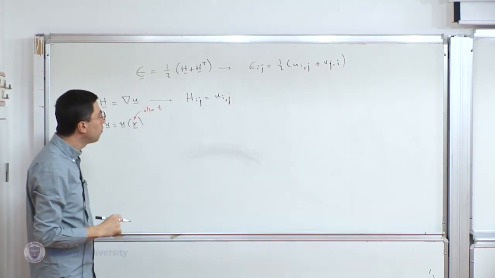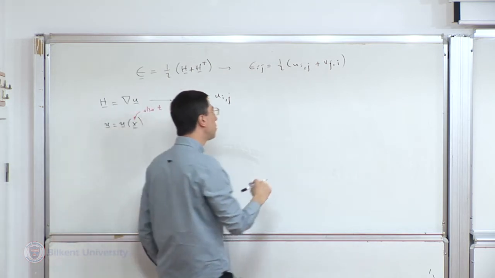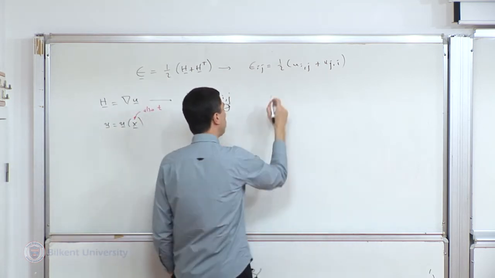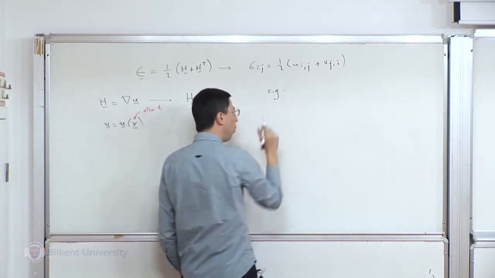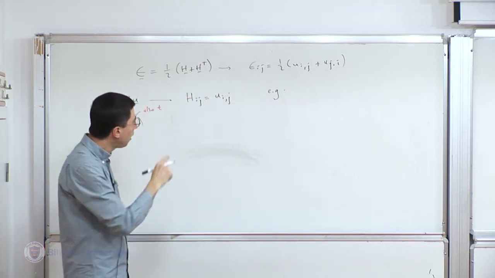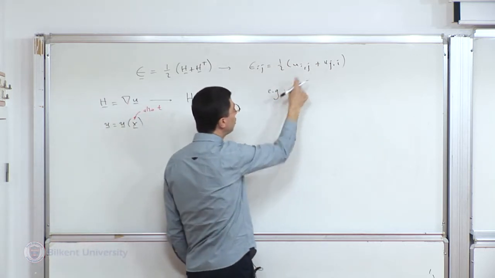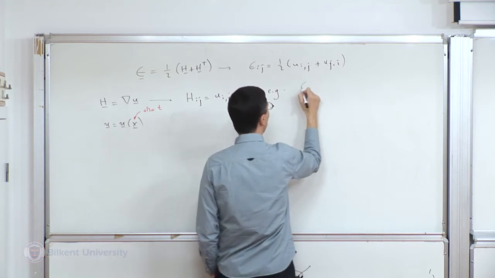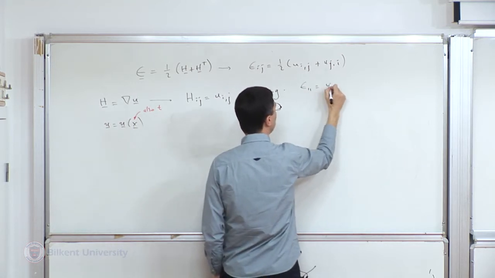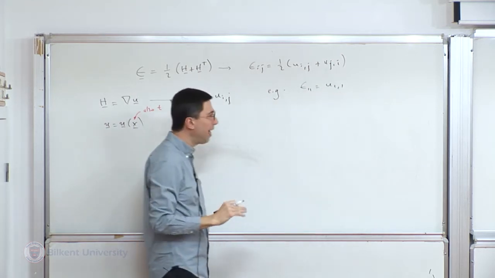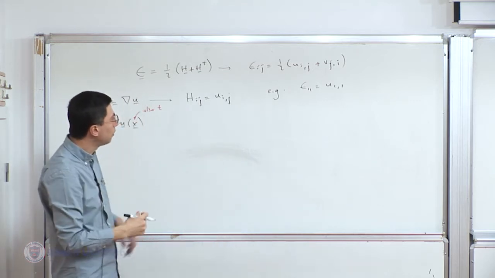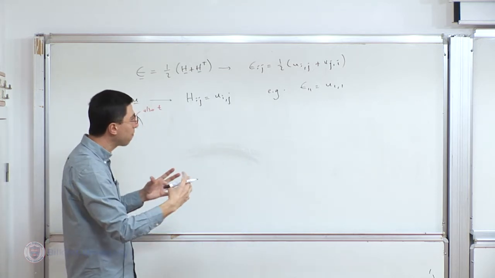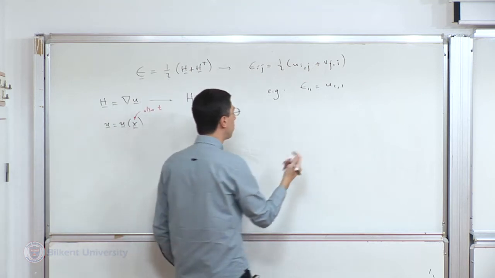Then we asked, how is this related to the displacement concept that we already know from 231? Although we did not explicitly derive these derivative relationships, I have shown you that, for instance, epsilon_1 is simply u_1,1, and that correlates well, at least graphically, with what we did in 231.